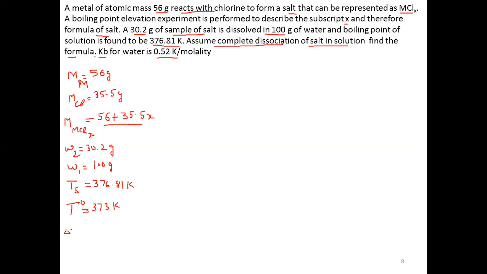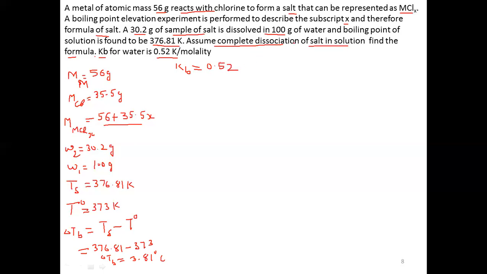So we can find elevation in boiling point. Delta Tb is boiling point of solution minus boiling point of water, 376.81 minus 373, it is 3.81. So this is our delta Tb, elevation in boiling point, that we have to use. Kb is given, so Kb is 0.52.